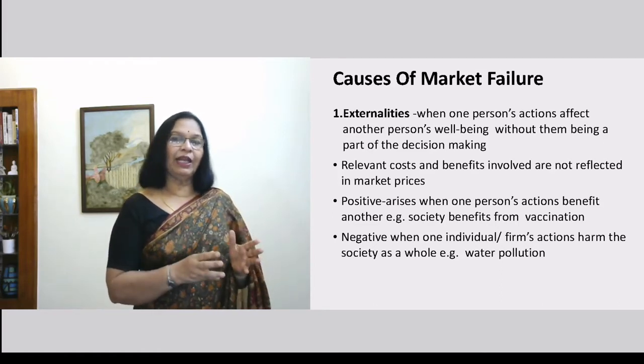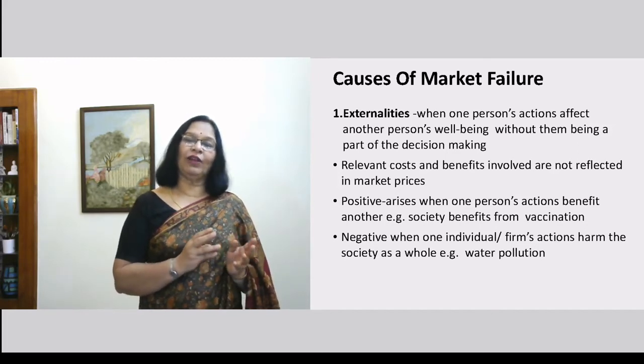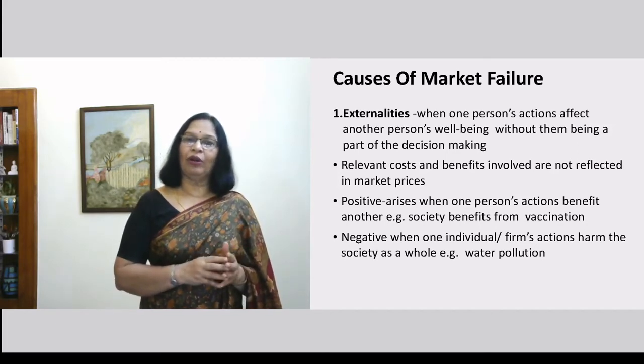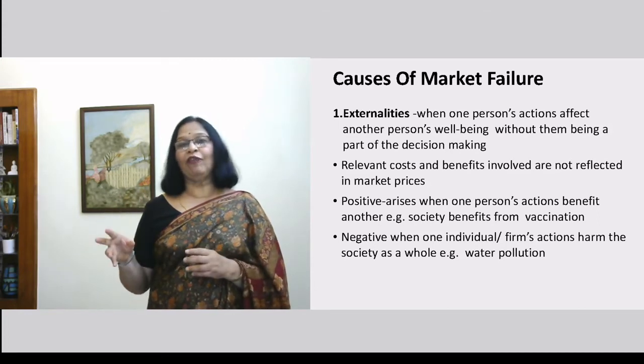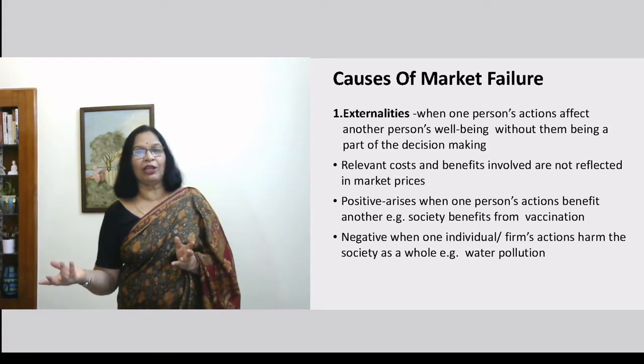So A takes an economic decision, and A's economic decision not only affects his or her life or health or well-being, but also affects the life and well-being of people who are not directly involved with that decision at all.